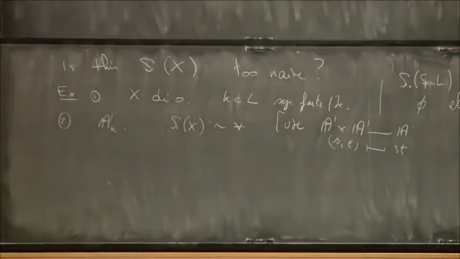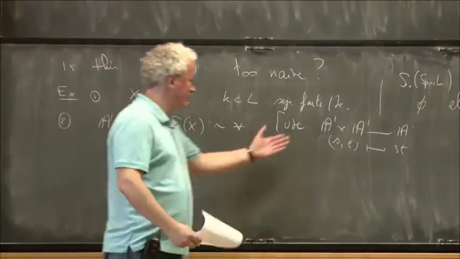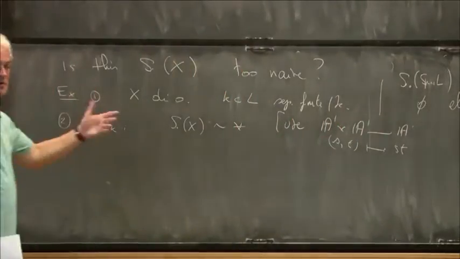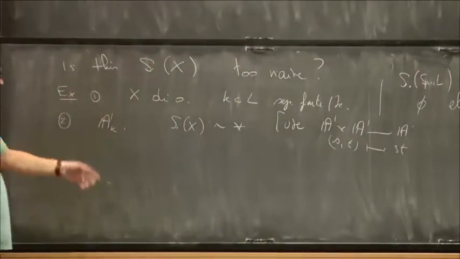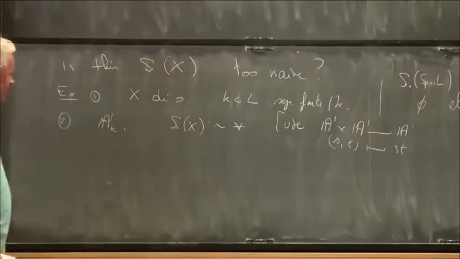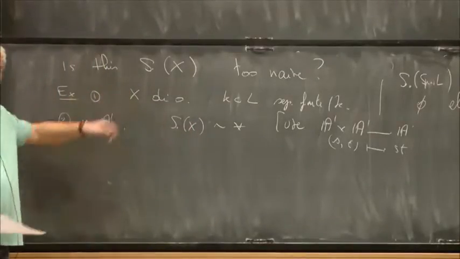If t equals 1, it is the identity of A1. If t is 0, it is just a constant map to the point and collapses everything. So there is not much to say, but it's a little bit more interesting than the first case.